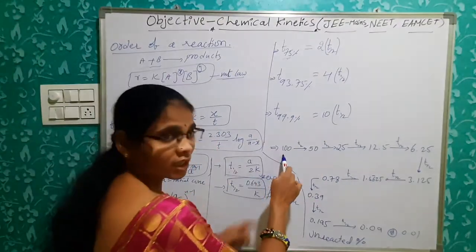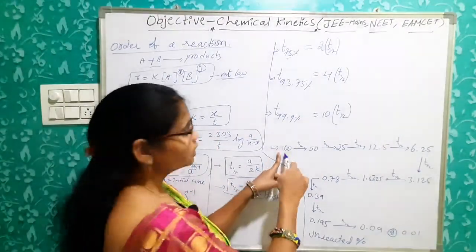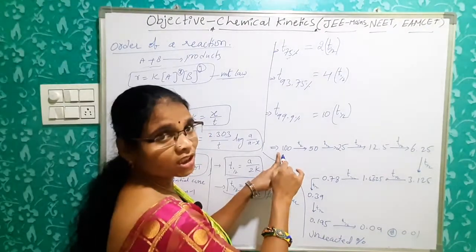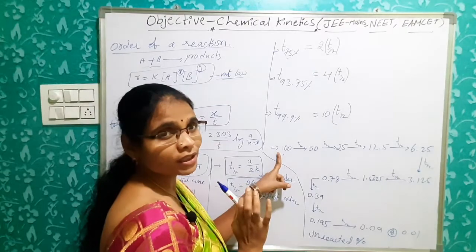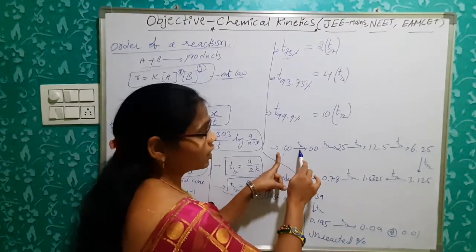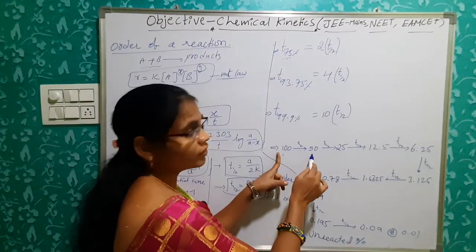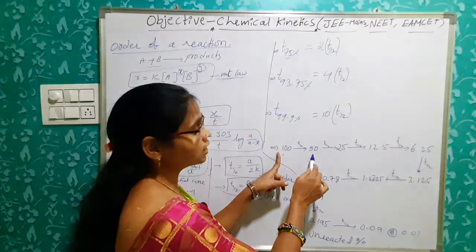Let's see here. Initial concentration is 100%, no reaction has started, no decrease in concentration. After T half, that is after completion of 50% of the reaction, 50% remains. So 50% of the reactants have reacted, 50% remaining. In the next T half, 25% reacts, 25% remaining.